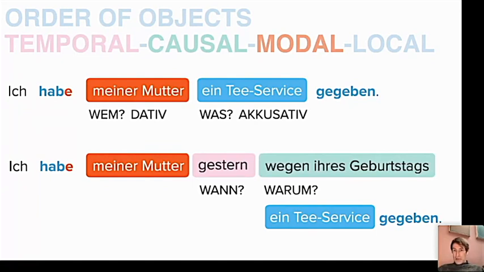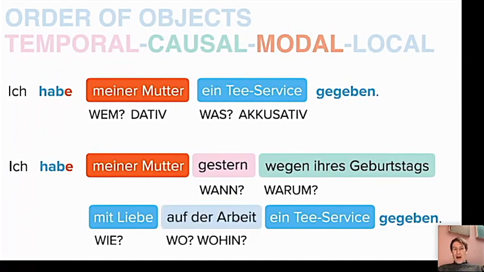A reason, because of her birthday: wegen ihres Geburtstags. It's a genitive, don't worry about it. Mit Liebe, how? With love. Actually, the color is wrong, it should be orange, my apologies. Auf der Arbeit, information about the place, where or where to sometimes, if you move somewhere.